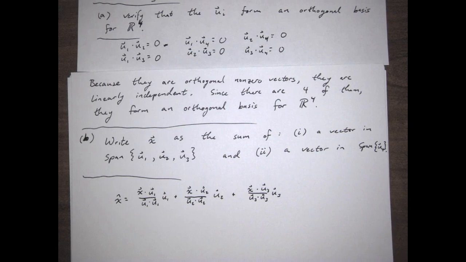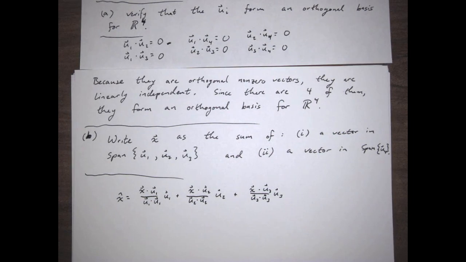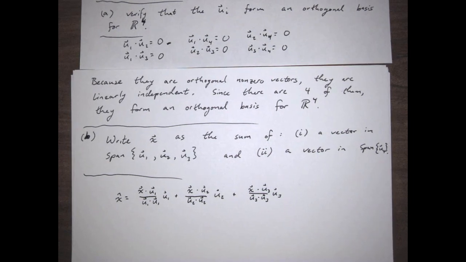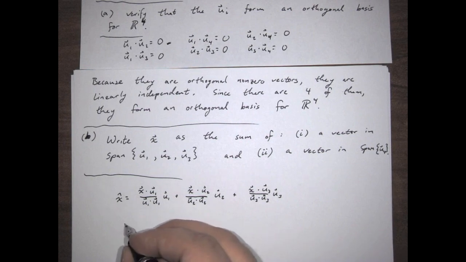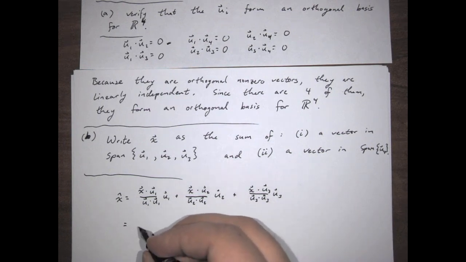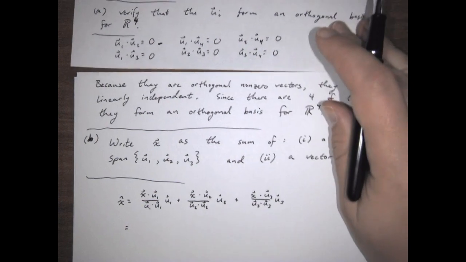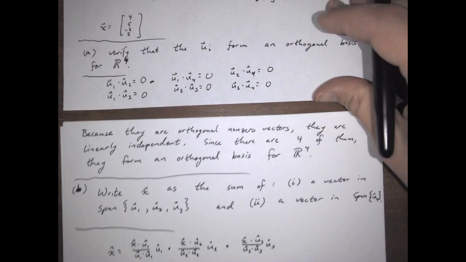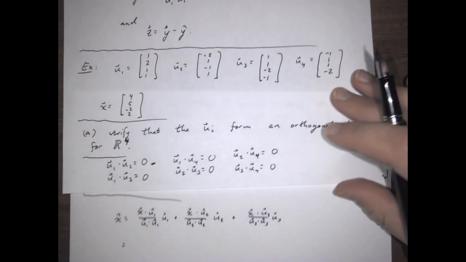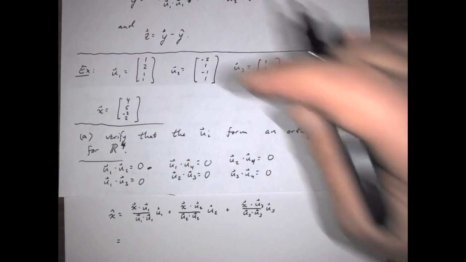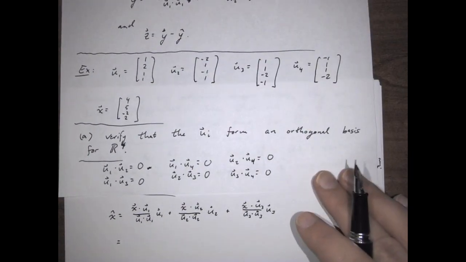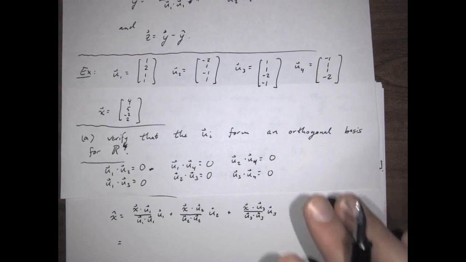And that's going to be the part that is in the span of the u1, the u2, and the u3. And so let's actually just go ahead and calculate that. So if we look at the actual components of the u's, I'm just going to bring this down so we can see it more easily.